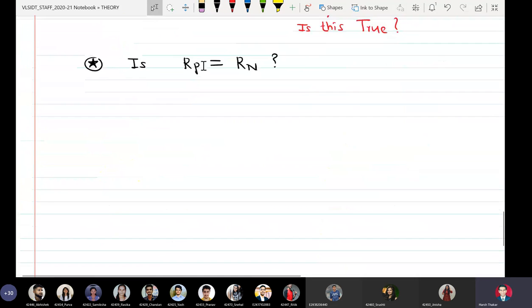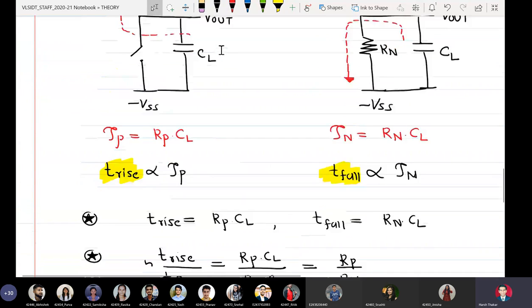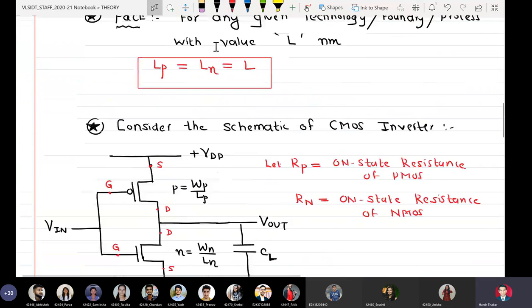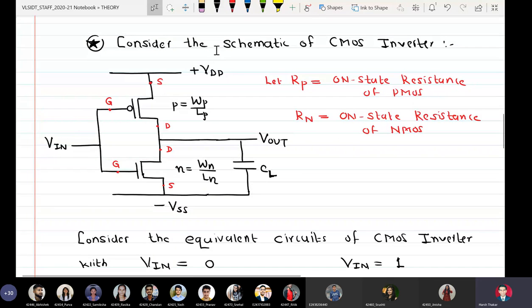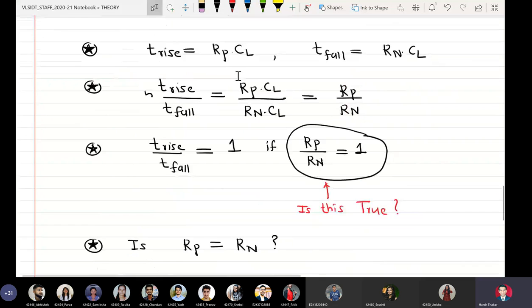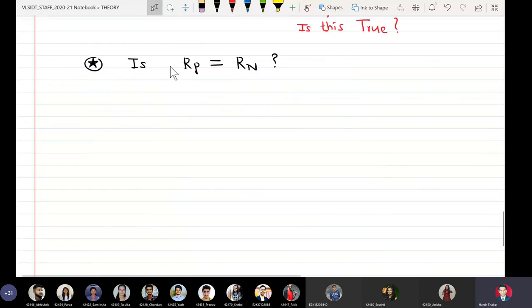Now we go to MOSFET theory. Please note that when we are using PMOS and NMOS in a CMOS inverter, the MOSFETs are actually going into saturation. Please note this again.